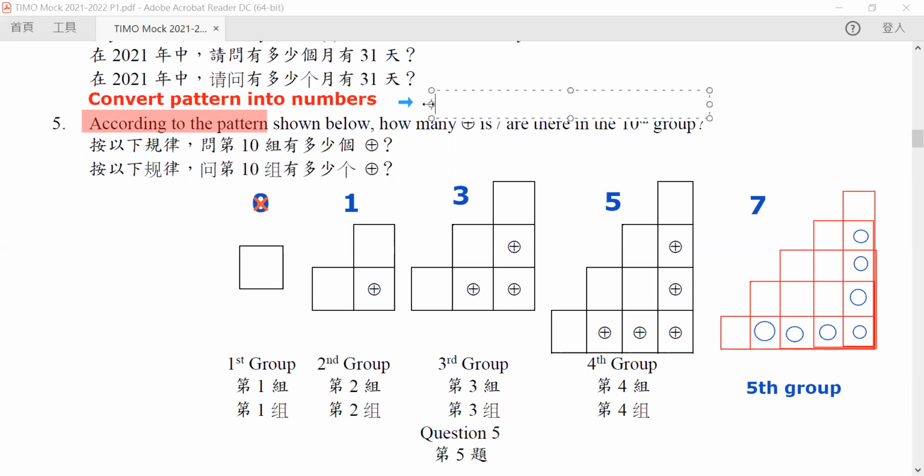But why is it not the number 0? That's why we disregard the first group, because the first group is special. Other than the first group, all other numbers are consecutive odd numbers, not just any odd number, but consecutive.